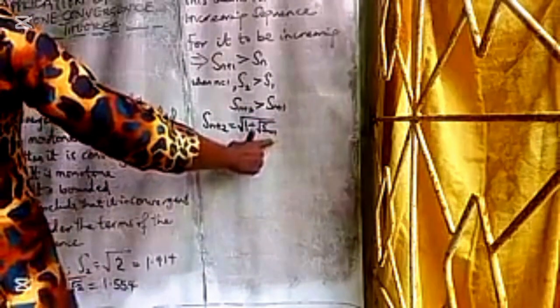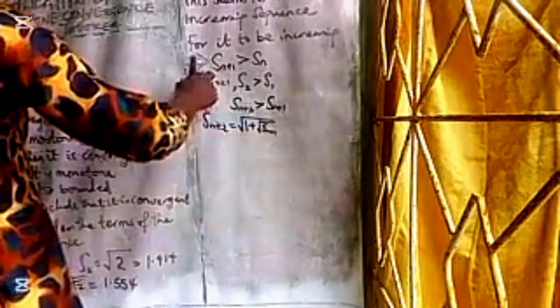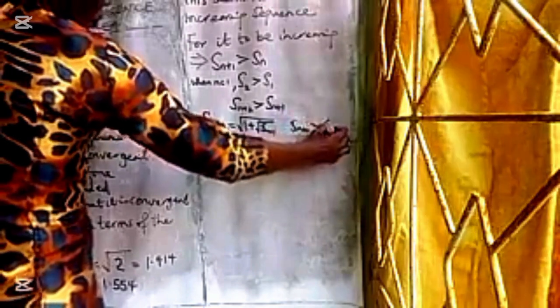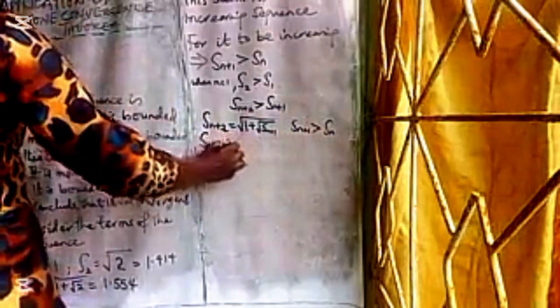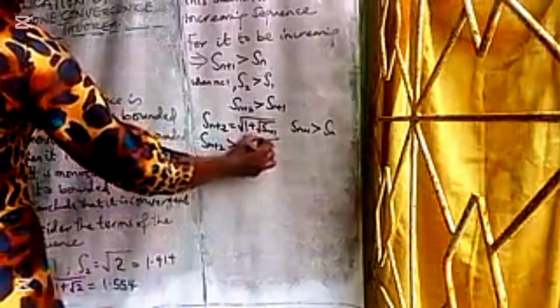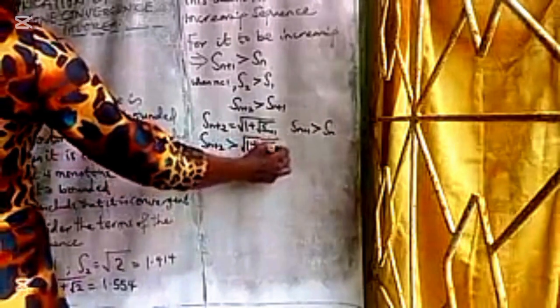And Sn plus 1 is greater than Sn. Therefore, Sn plus 2 will be greater than the square root of 1 plus the square root of Sn.